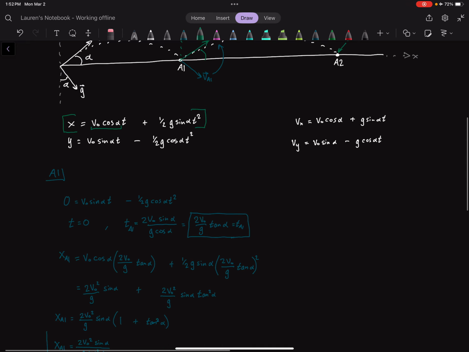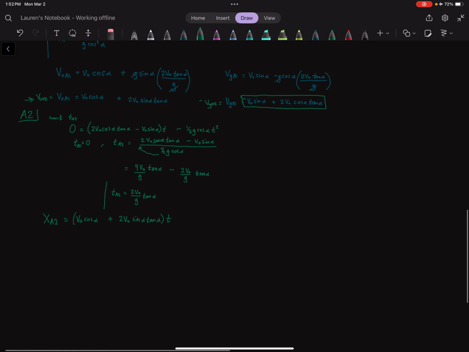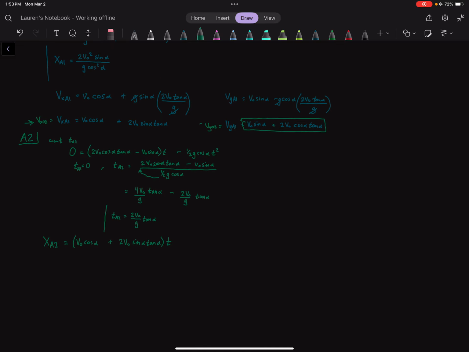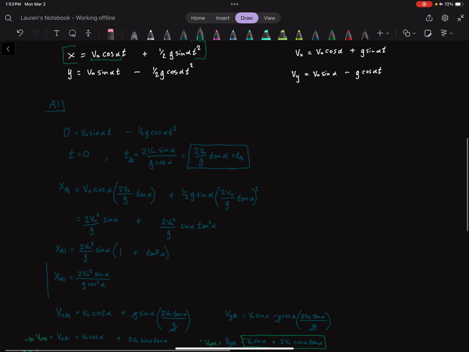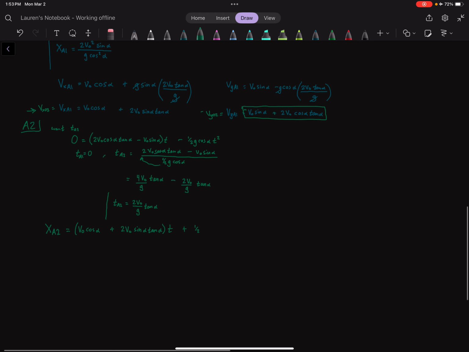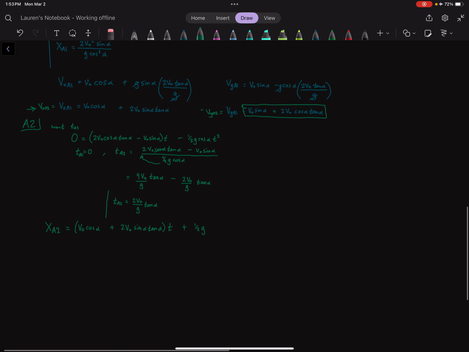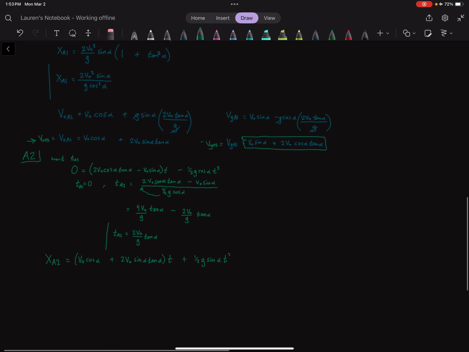Looking back up to the problem, there's a t left attached to that parameter, so we put t. And then, did I capture everything? Yes, I did. All right. And then we come up here and we see plus 1/2 g sine alpha t squared. So plus 1/2 g sine, let me make double sure here, sine alpha t squared. Oh, but we wanted to plug in our t. We can do that in the next step. It's enough to keep straight here.